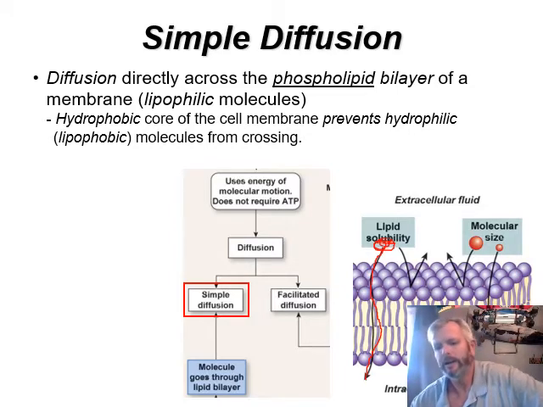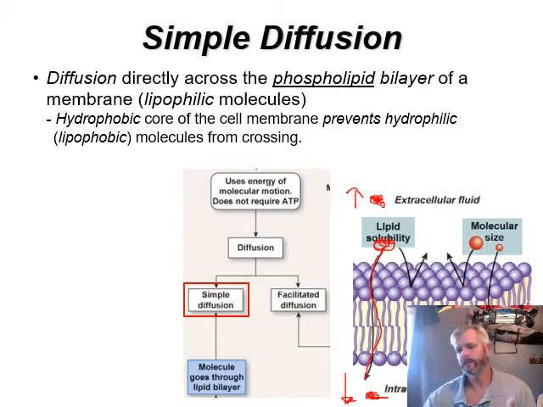Where would my high concentration be? Yeah, my high concentration for this molecule would be here, there's my little molecule, and the low concentration would be here, because for diffusion to take place, the molecule is going from high concentration to low concentration.